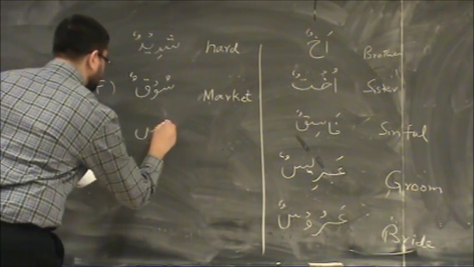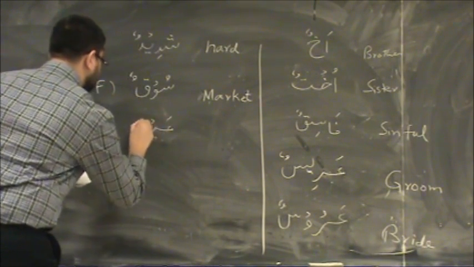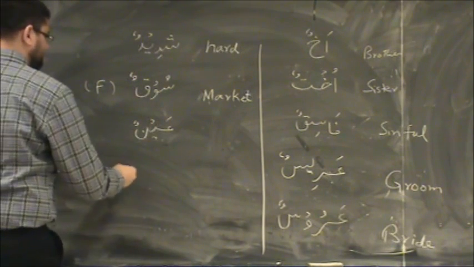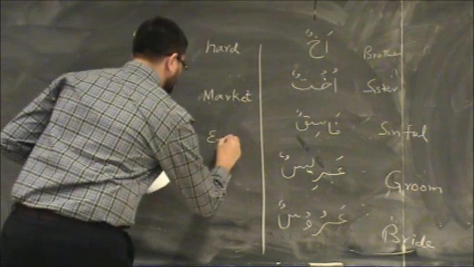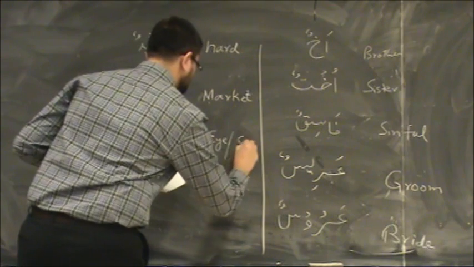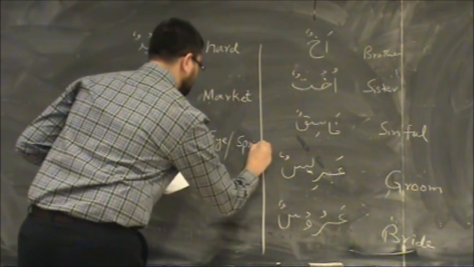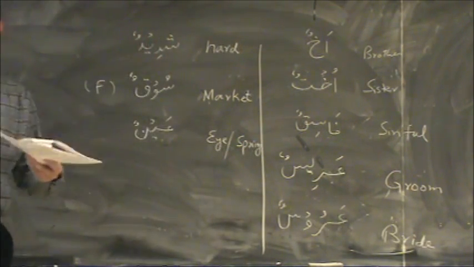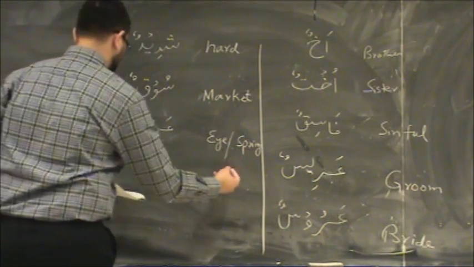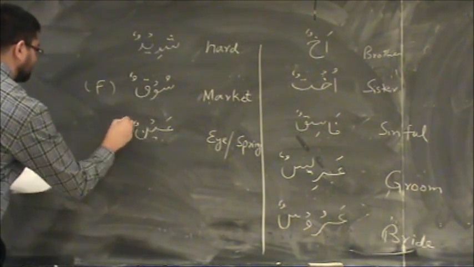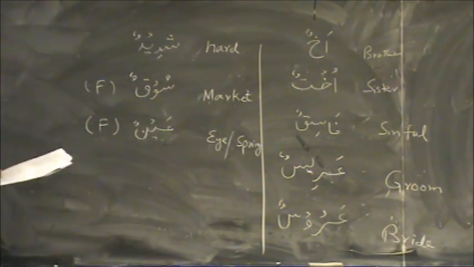Ainun. Ainun means eye, or it also means spring, fountain basically, spring with fountain, something like that. And this is also feminine.